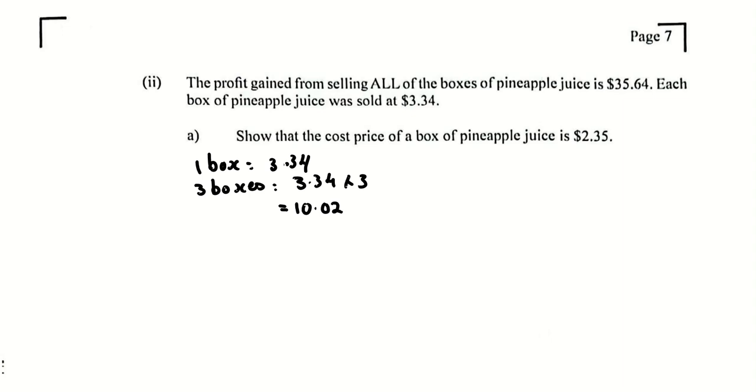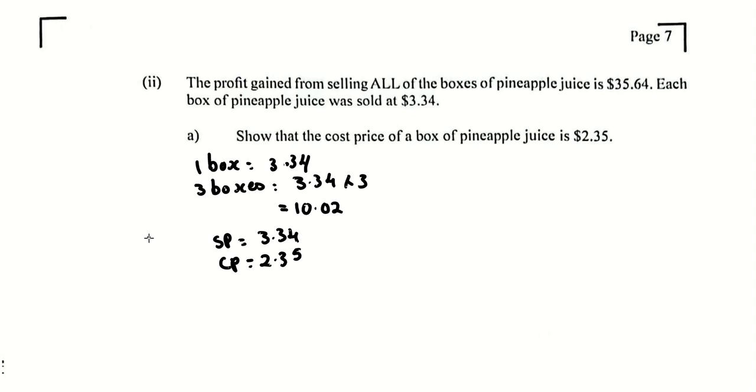they told you how much for 1 box, and they told you how much was the selling price, and they told you what is the profit. So what we could say is, your selling price is $3.34. Your cost price is $2.35. So we're looking at it from the box, right? So 1 box.